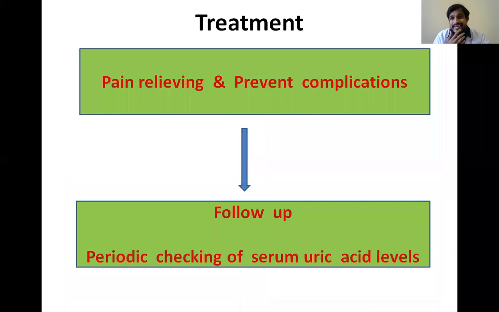In gout there is inflammation and swelling, there is a lot of pain, so we'll give pain relief and prevent the complications. We know the complications: the formation of tophi, restriction of the joint movements, and renal stones. So we'll treat the complications also. And follow-up is by the investigations, the routine checkup of the serum uric acid levels.